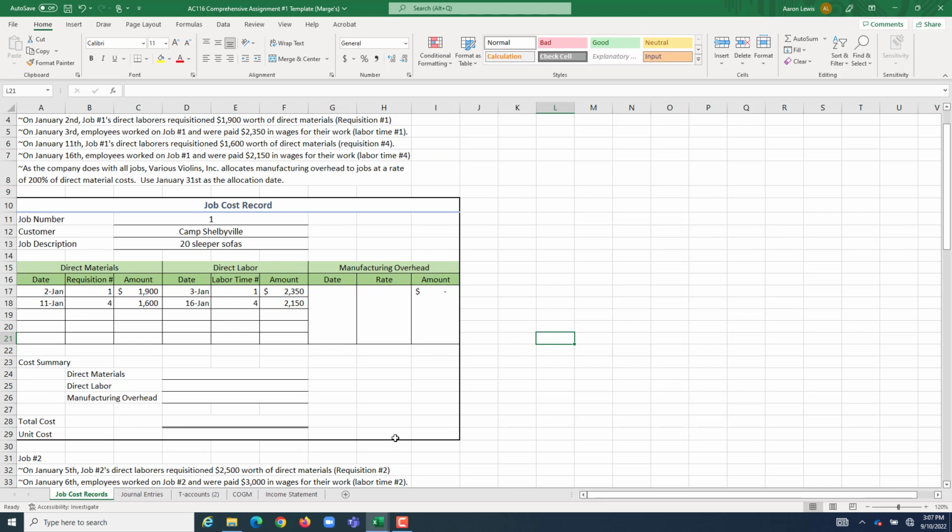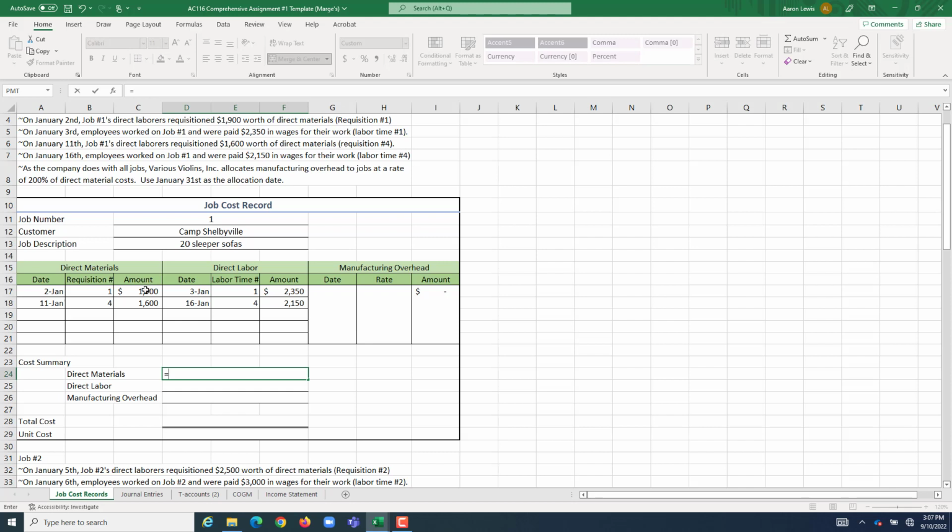And now we can figure out in total, since it's all the information we have related to materials and labor, what amount of materials and what amount of labor were used in job number 1. Well, for materials, we requisitioned $1,900 on January 2nd. We requisitioned another $1,600 on January 11th. That totals up to $3,500.